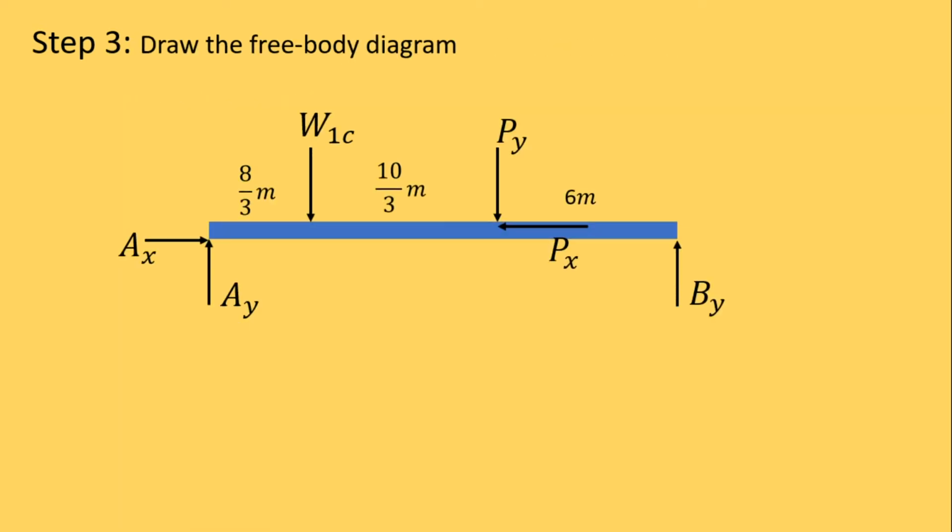Now we can draw the body diagram of our loadings. So we have the converted concentrated load from the uniformly varying load, located 8/3 from support A. Okay, so and then we have the components of P, which is acting 6 meters away from support B. Of course, since hinge yung ating support A, meron tayong dalawang reaction.